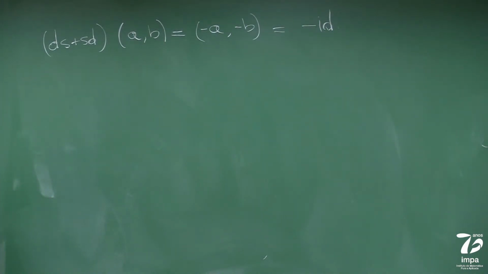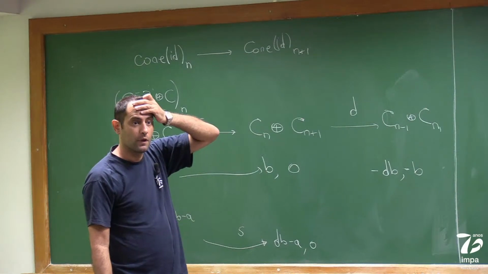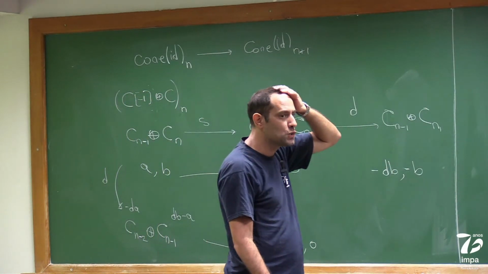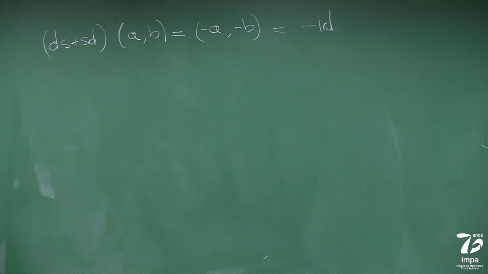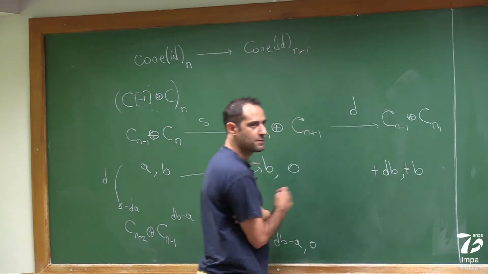So the identity, well, for this splitting, what I'm getting is that minus the identity is null homotopic. So that means that minus the identity induces a trivial homology map, which means the identity induces a trivial homology map. If I wanted to get that identity to be homotopic, then change the signs here. So choose this splitting to be minus b, so that this becomes plus, this becomes plus.